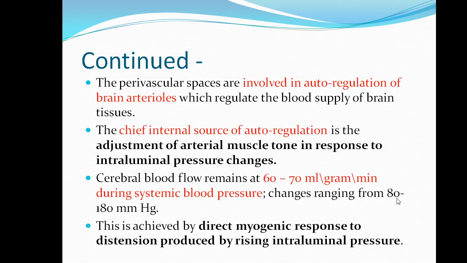So, if the systemic blood pressure is from 80 to 180 mm mercury, the cerebral blood flow remains at the level of 60 to 70 ml per gram per minute. This is achieved by direct myogenic response to distension produced by rising intraluminal pressure.